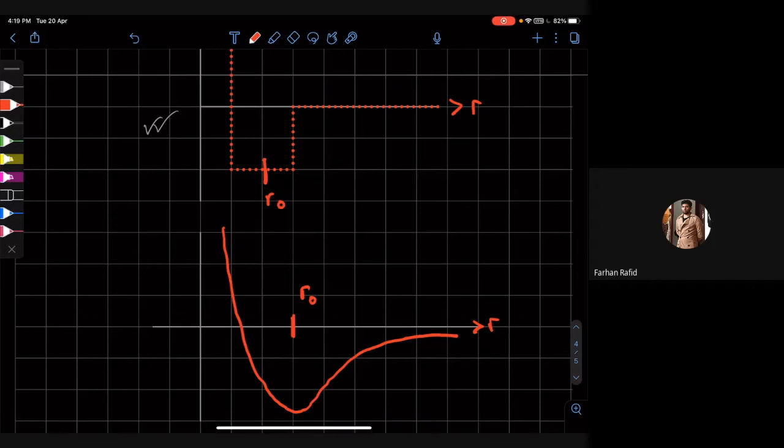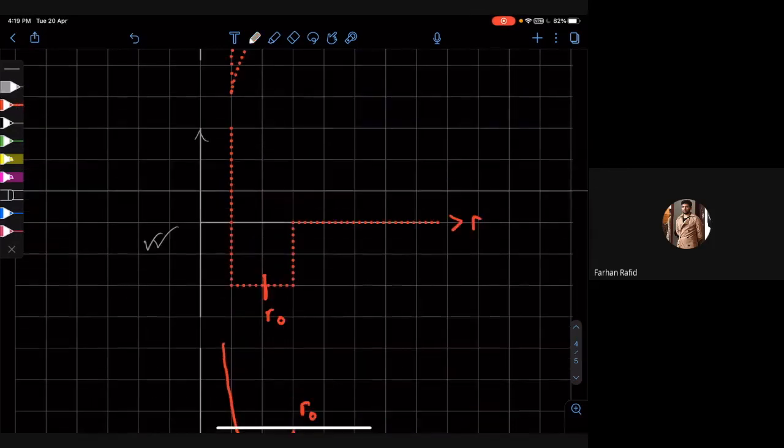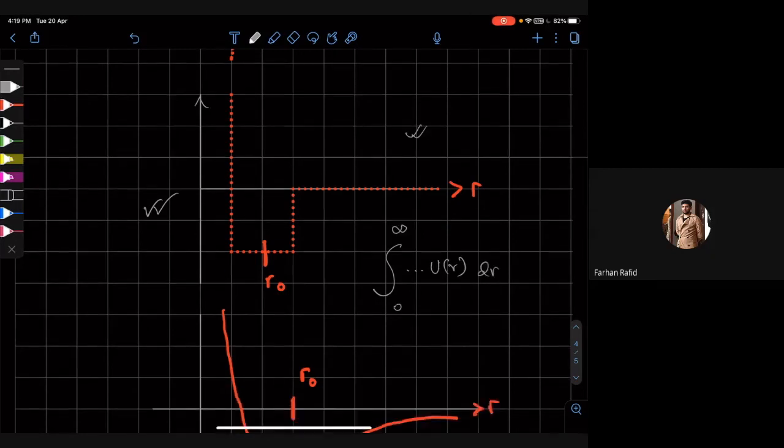So when you're doing an integral over this graph, your integral has something, say, u of r, and d of r, from 0 to infinity. In this case, this integral will just break up into two integrals.